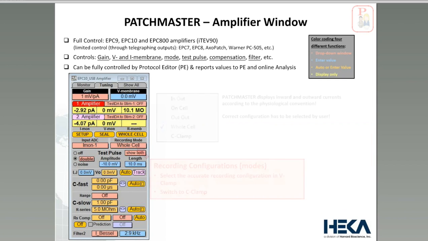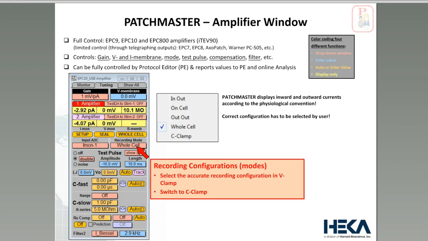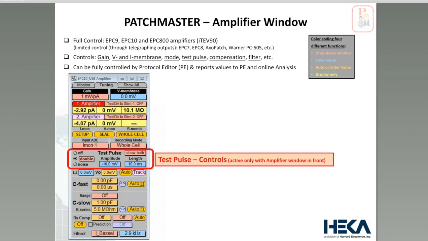I will show you how to do this in the live demonstration. Underneath it, we have a couple of buttons, for example the recording mode button, which is a drop-down window. When you click on it, you can select the different recording configurations, as well as current clamp.